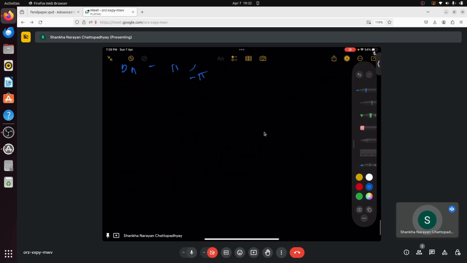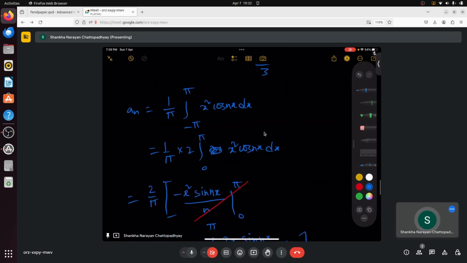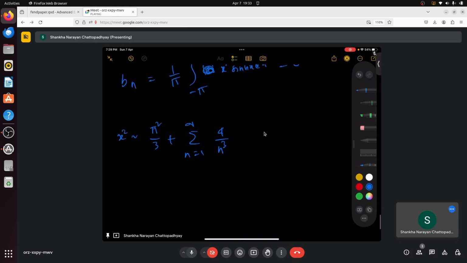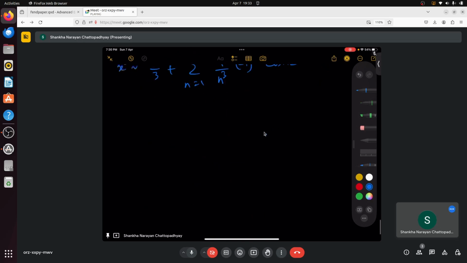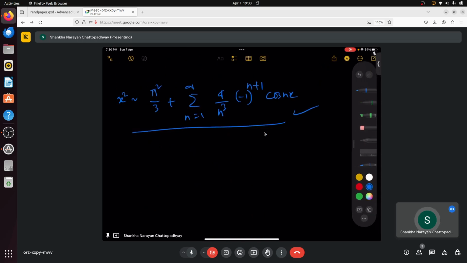So the series becomes: x square equals, what we got for a0 is pi square by 3, plus the sum n equals 1 to infinity of 4 by n cube times minus 1 to the power n plus 1 cos nx. So this is the answer.